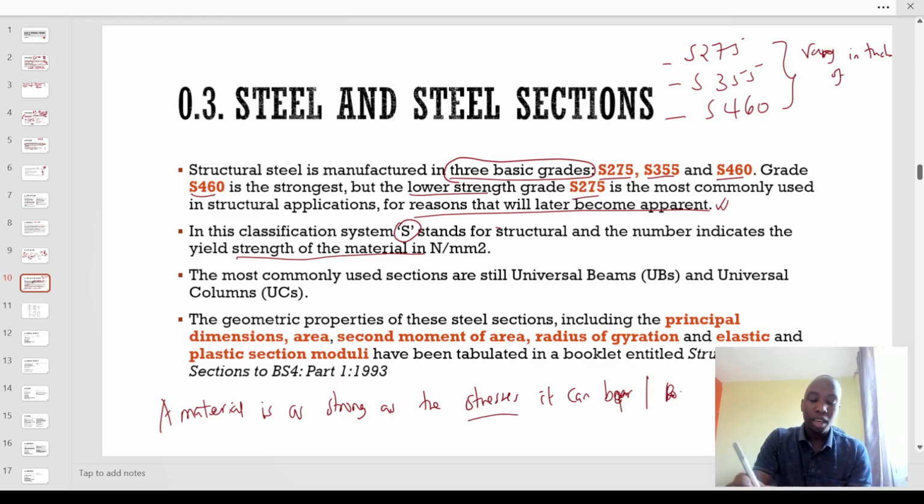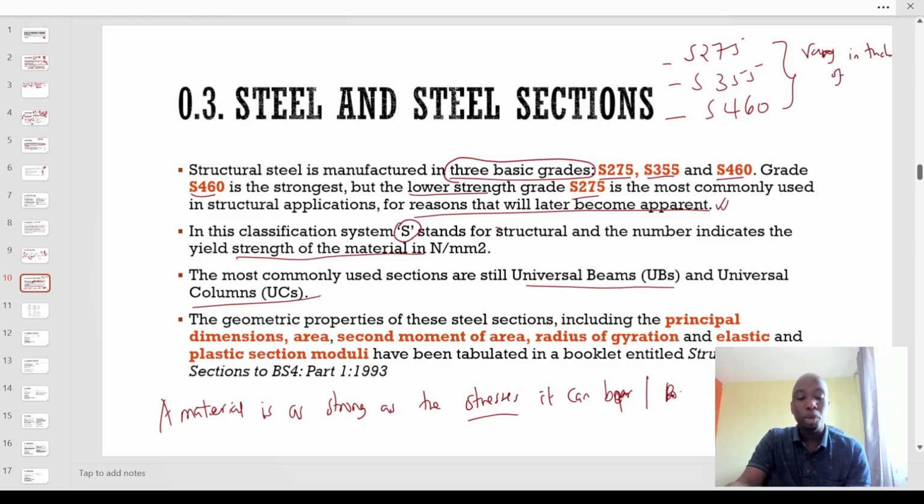So if we say that S275 has a strength of 275 Newton per millimeter squared, it means it can resist up to 275. It can bear up to 275 Newton per millimeter squared stress. Okay, so the most commonly used sections are UBs, universal beams, and universal columns.